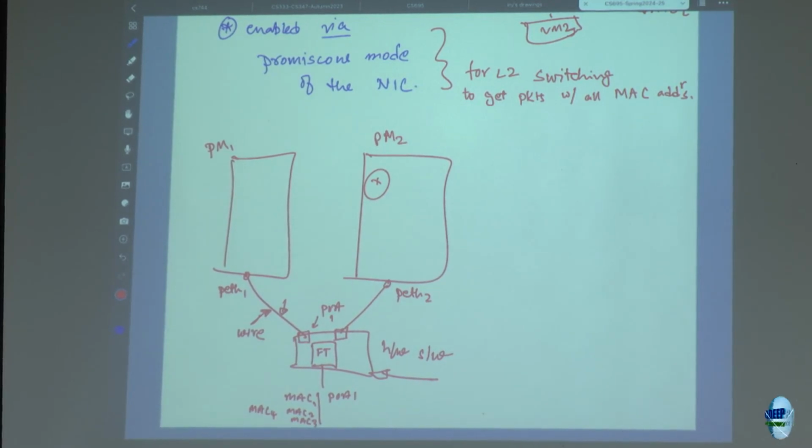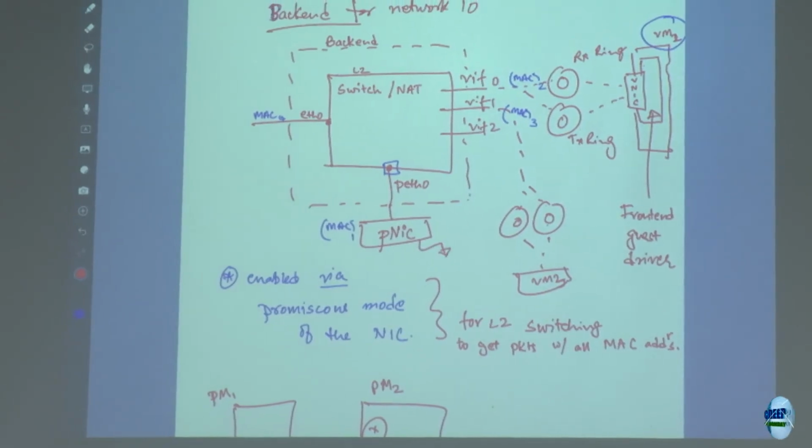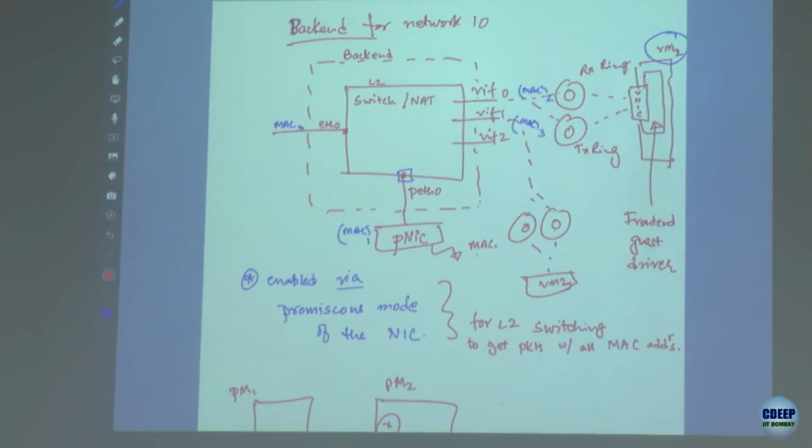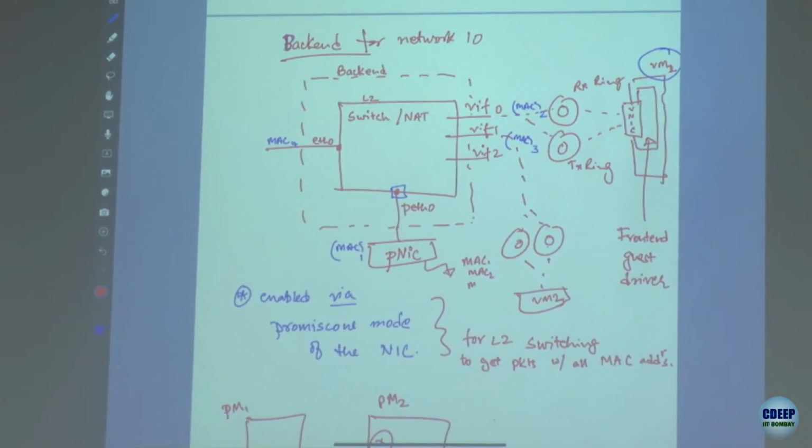So basically, the Mac 1 that you were referring to would be either of these Mac 2, 3 or 4, right? No. So now what's going to happen in this scenario? We have Mac 1, Mac 2, Mac 3, Mac 4. So any packet that falls out of this NIC can have Mac 1, Mac 2, or Mac 3 as the source address.